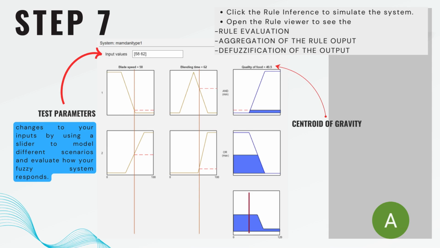The input value is like the test variable, so you can put any value like this, or change the output by using a slider to model different scenarios and evaluate how your fuzzy system responds.